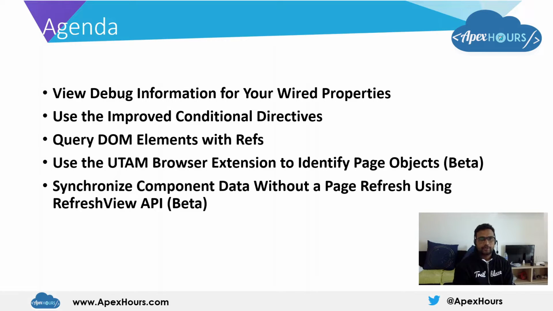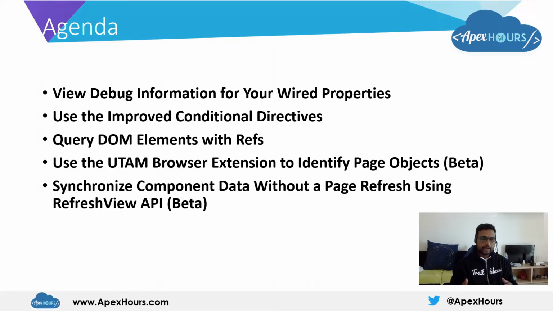Previously, to debug the data received with a wire property, you had to use a wire function to return your data, and inspect the constructed data and error properties in the wire function. You know this wire function very well. We have two parameters, one is data and the second is error.